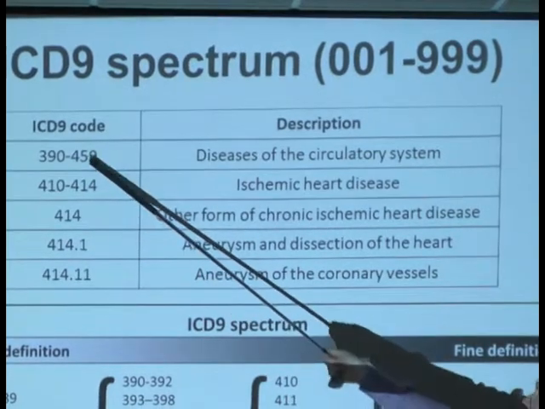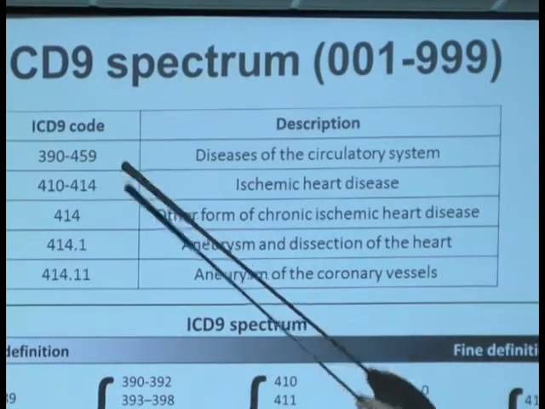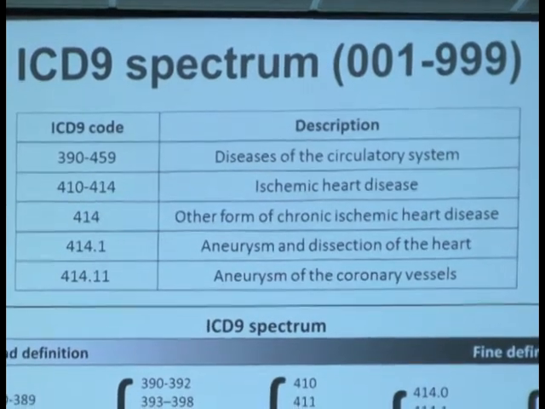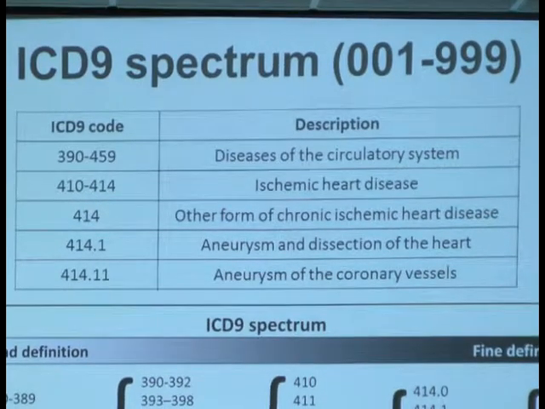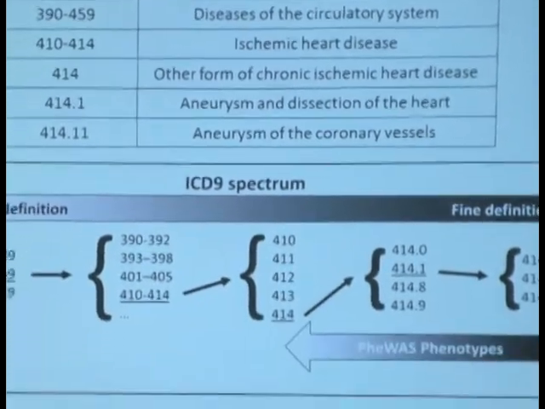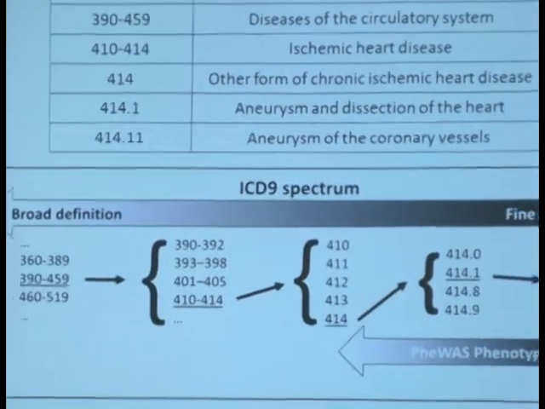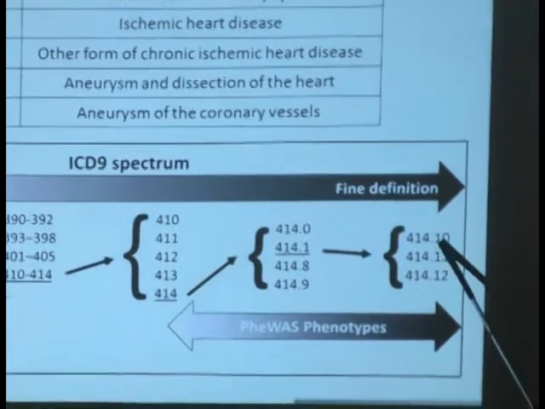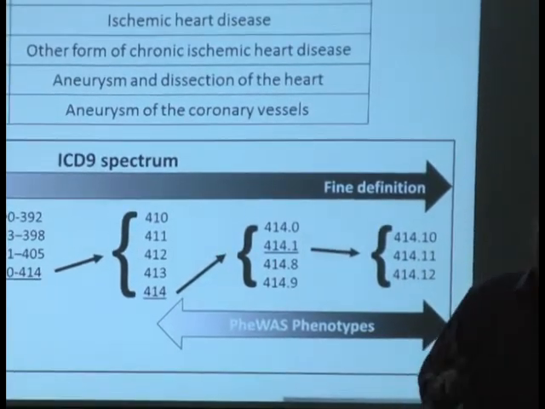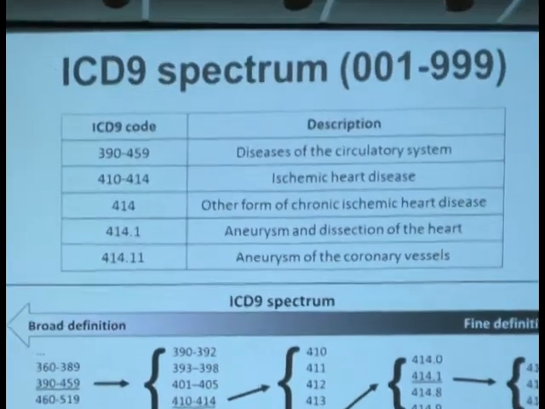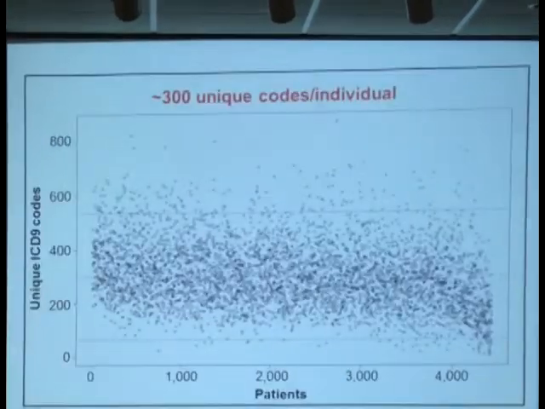And at the highest or lowest level of resolution, we have diseases of a system or an organ system. In this case, it's disease of the circulatory system. And what I described here is reiterated down here below in this chart. And what I'm using for defining phenotypes or conditions are these codes right here. And we're using a collapsing strategy so we can actually capture varying levels of information at the disease level.